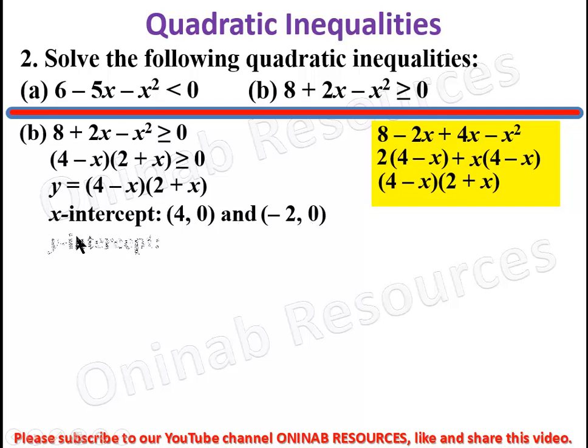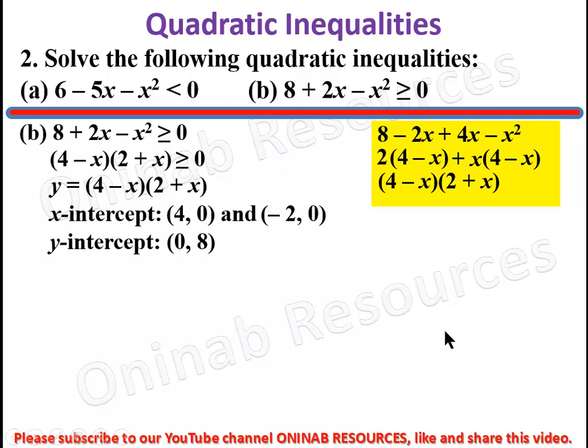Then we get the y-intercept. To get the y-intercept, we equate x to be 0. We'll be left with 4 times 2, which is 8. So we have (0, 8) as the y-intercept. So we go ahead to sketch the graph of the quadratic inequality.